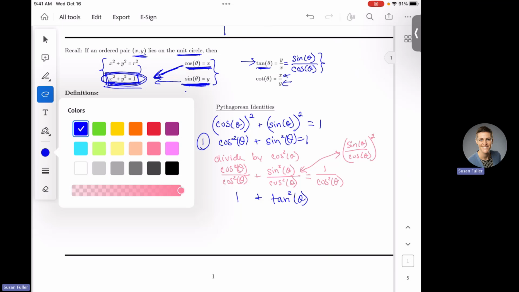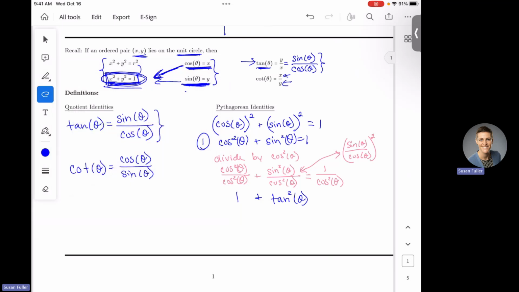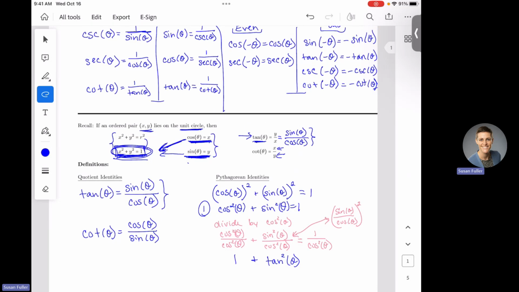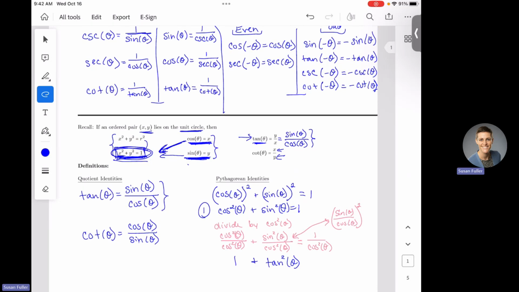Okay, and then our last one, 1 over cosine squared. Well, that's the reciprocal of cosine squared. The reciprocal of cosine is secant, so 1 over cosine squared will be secant squared of theta.